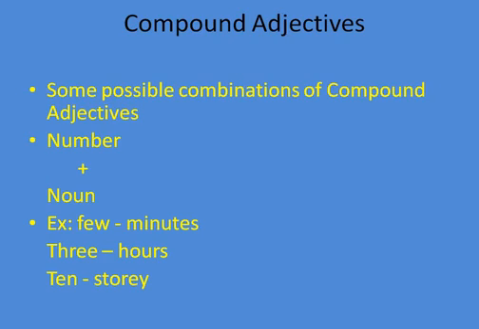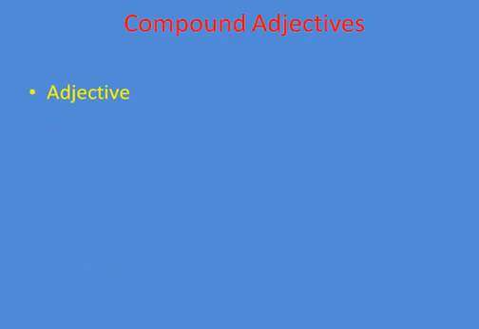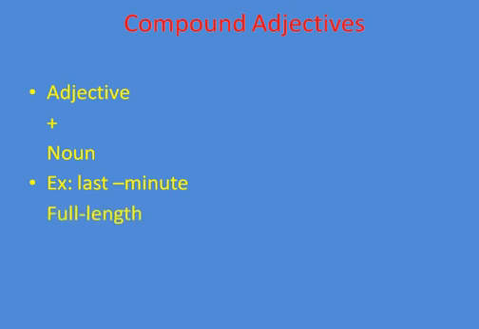10 story. Okay. Now, we can use an adjective in combination with a noun to form a beautiful compound adjective, like last minute. Last is the adjective, minute is the noun. See one more example: full length. I am giving you one more example: short term.